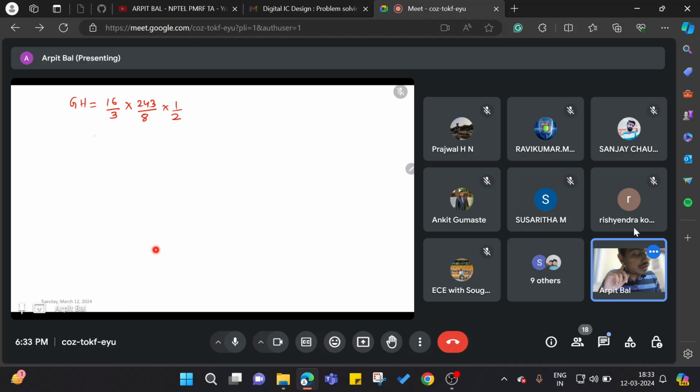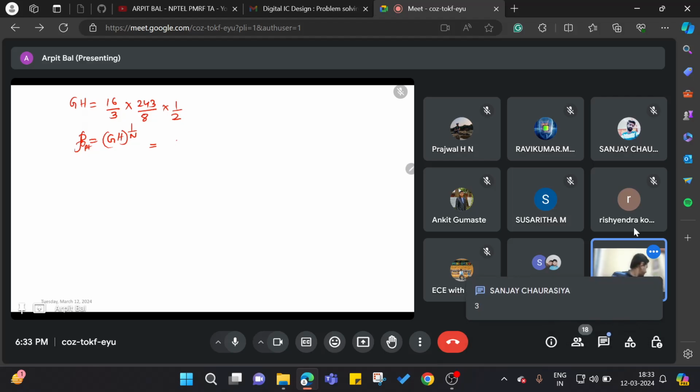243 by 16. So our F opt will be GH to the power 1 by N, and N was the number of stages, that was 4. So we have 16 into 3, and we can just cancel out 16 and 16. 81 times 2, this is 81.